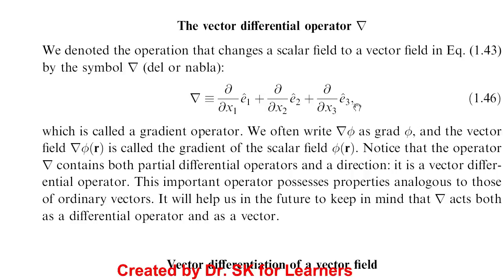But the most commonly used terms are i cap, j cap, and k cap for unit vectors towards x, y, and z direction. So it says that a del operator can be expanded as this, and if you are trying to multiply this del operator with a scalar quantity, here the scalar quantity is phi.